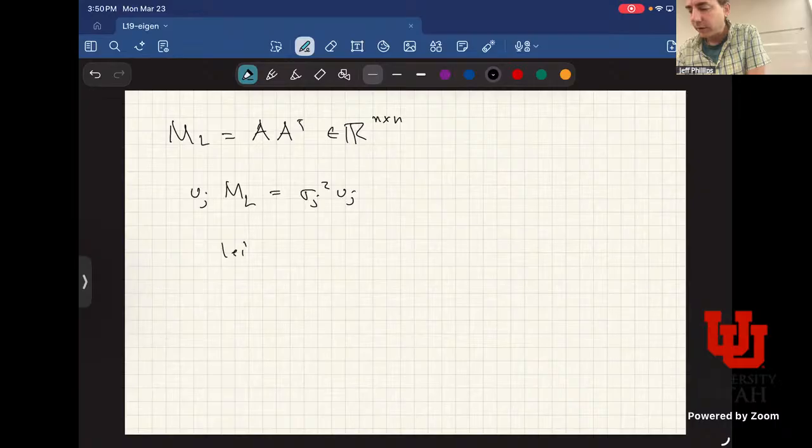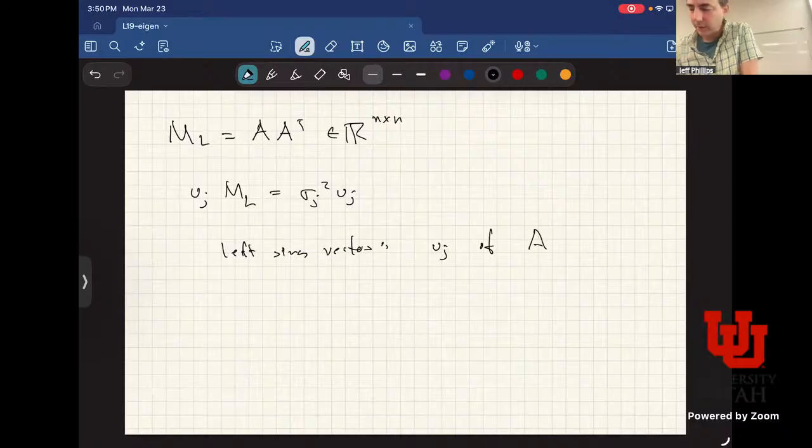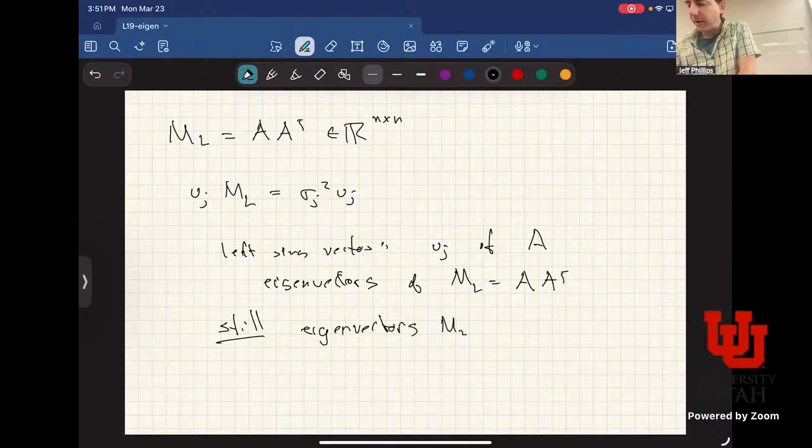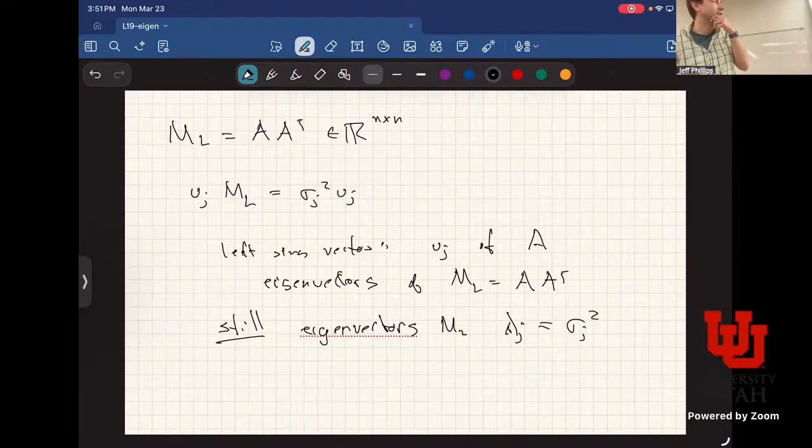Okay, so the left singular vectors, the uj of A, are the eigenvectors of ML equals A transpose, and still the eigenvectors of ML equals the singular value squared.